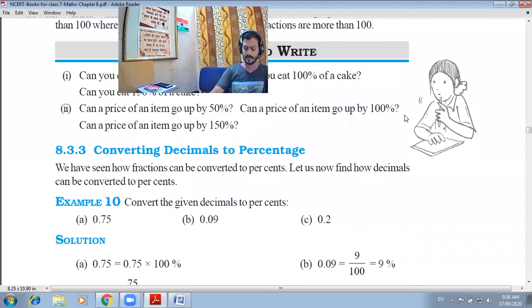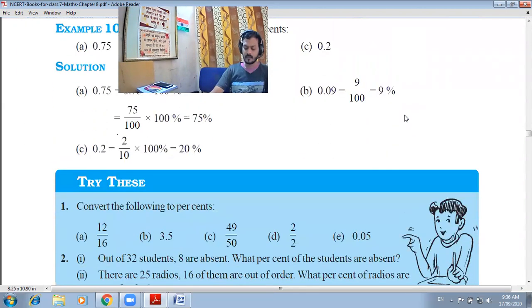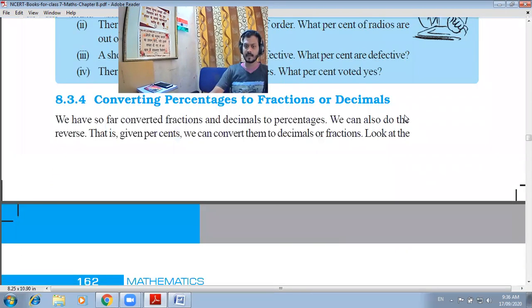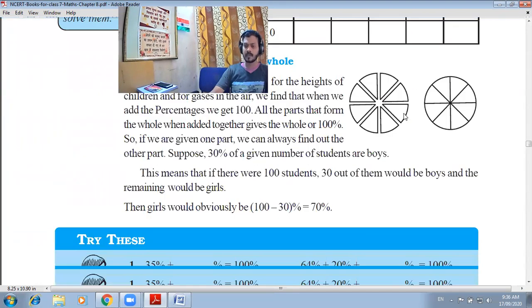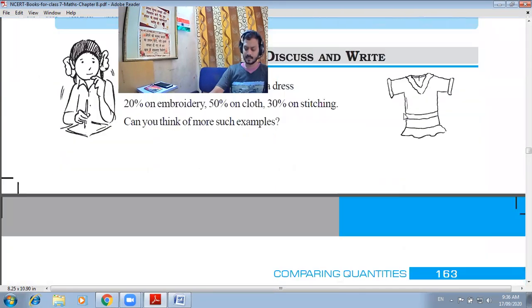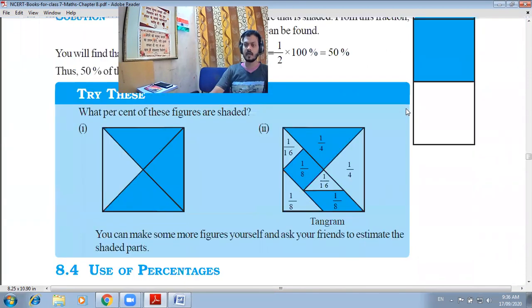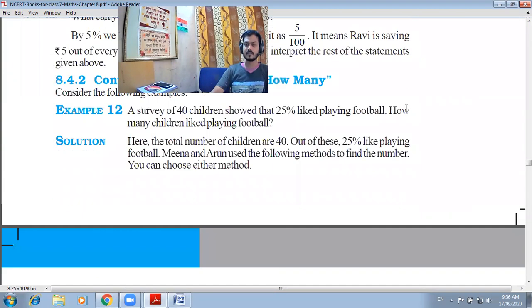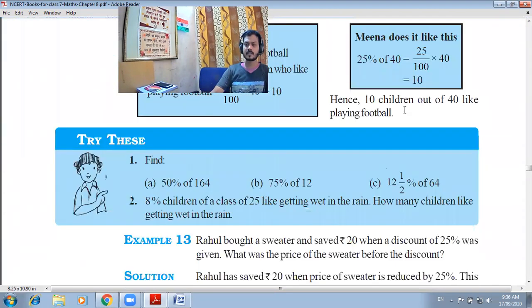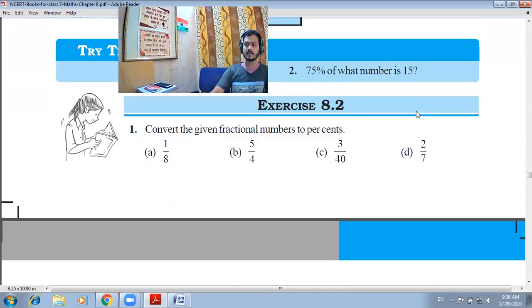And the last one: a skirt bought for rupees 250 and sold for rupees 150. In all the questions, calculate the percentage of profit and percentage of loss.